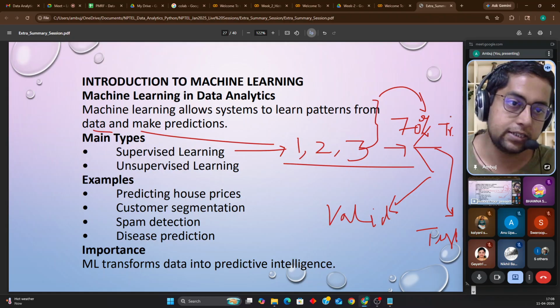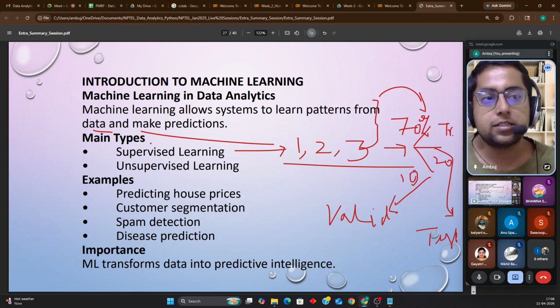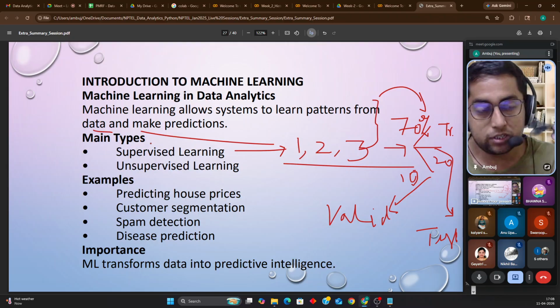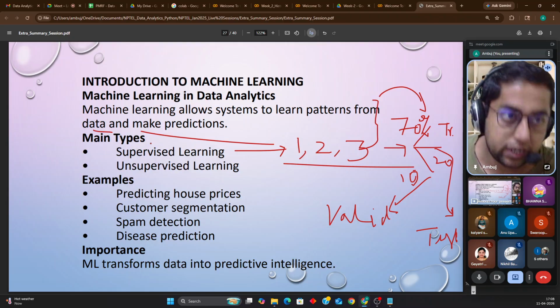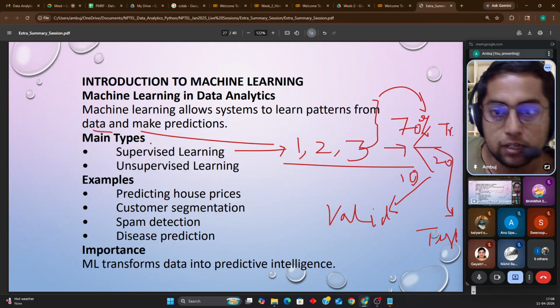These are the three categories: 70, 20 and 10. This is your supervised learning, in which learning or training is carried out with the help of data.